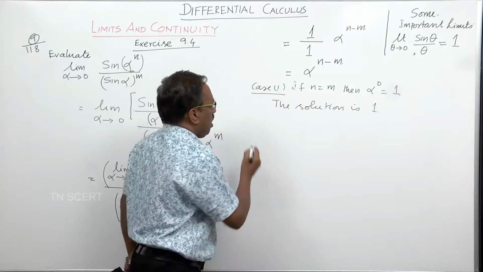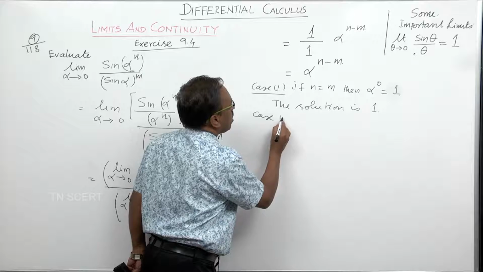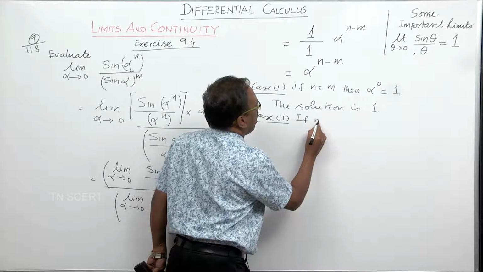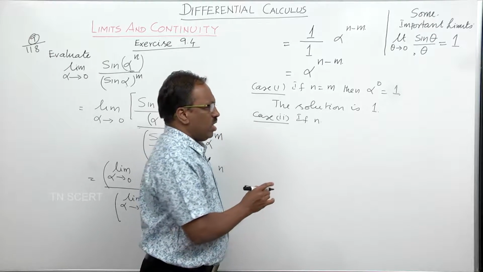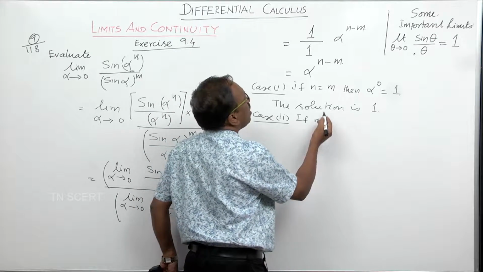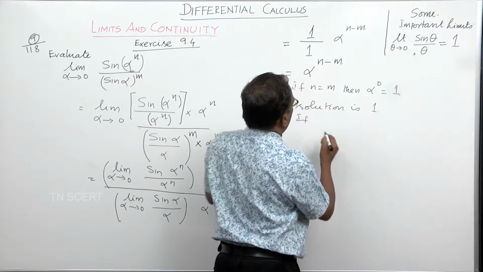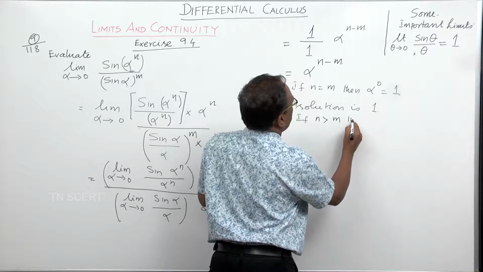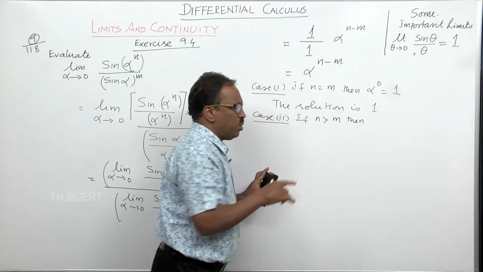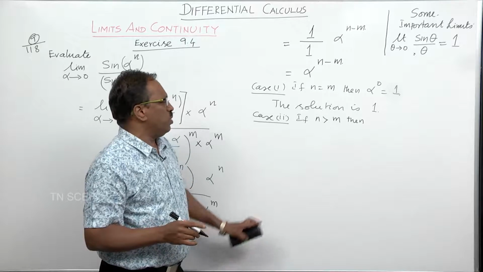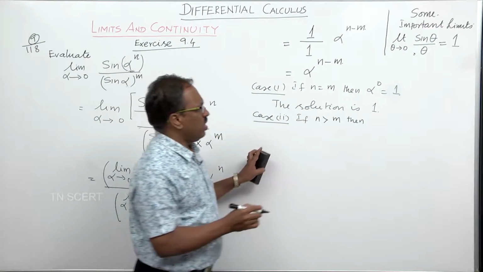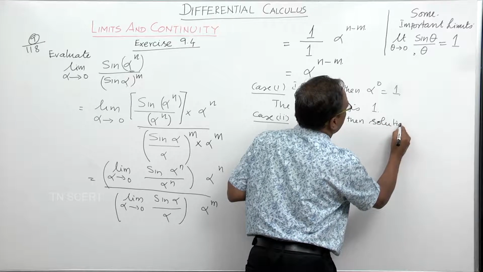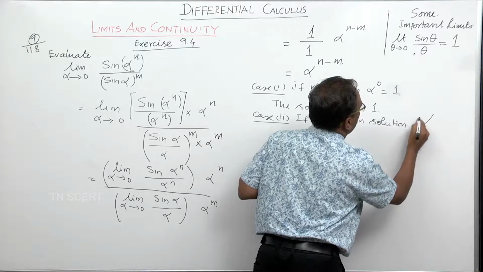Case 2: if n is greater than m, then what happened? n is the greater value and m is the lesser value, then the solution is infinite.